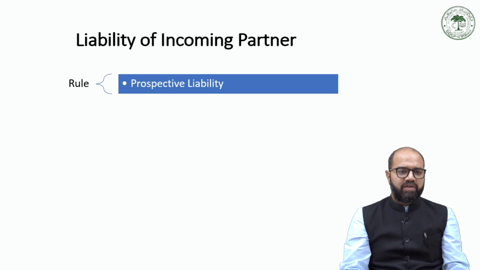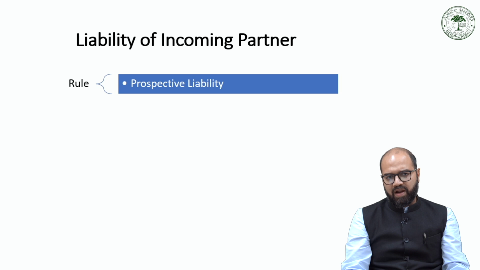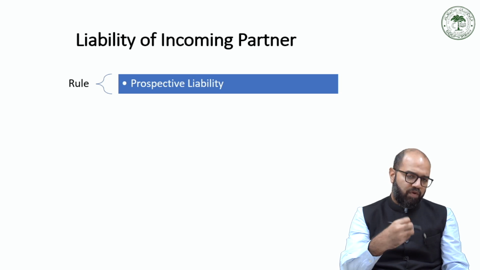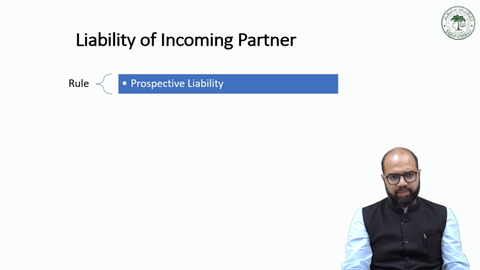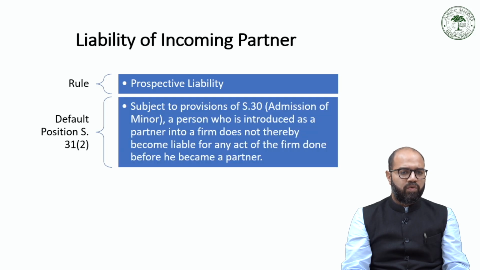What it means is that liability arises only for those transactions which have taken place after he has joined the partnership firm as a partner, and not any retrospective liability, that is any liability which was there before he entered the partnership firm. However, this is a default rule which is contained under section 31 clause 2.